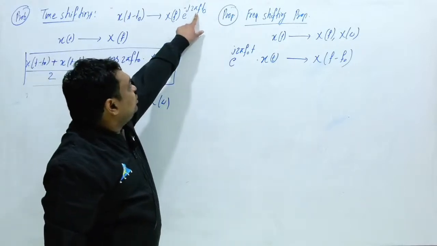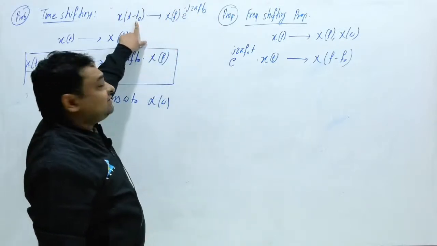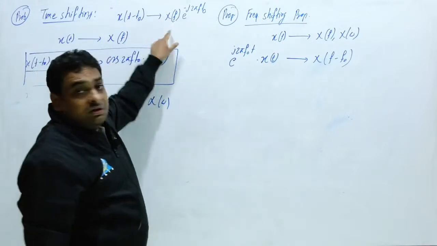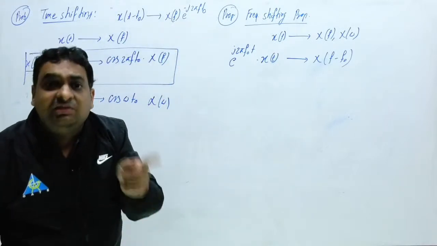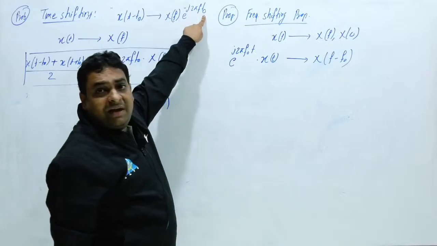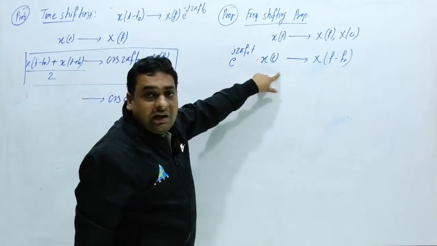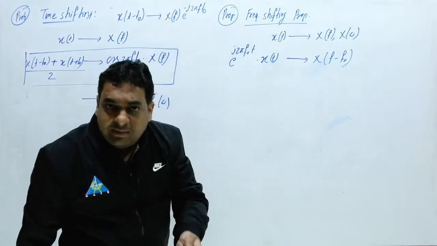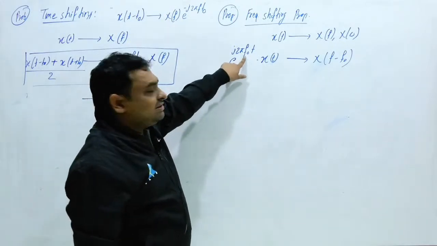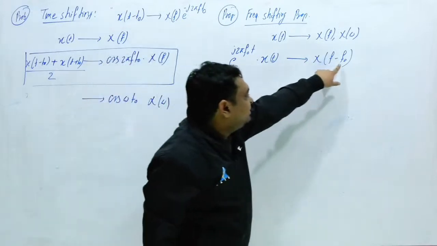Here the term is 2 pi f, then the shifting is in time. So this function should be in terms of the frequency domain, not the time domain, so the time parameter should be constant. Here this is a function of time, so the frequency parameter should be constant. That's why this f is f0, and this f0 is the shifted parameter.